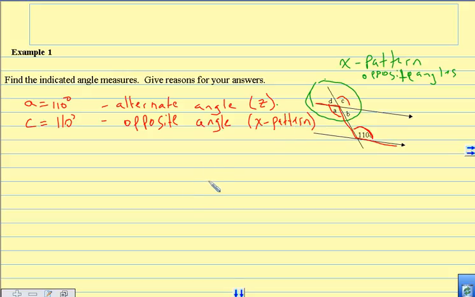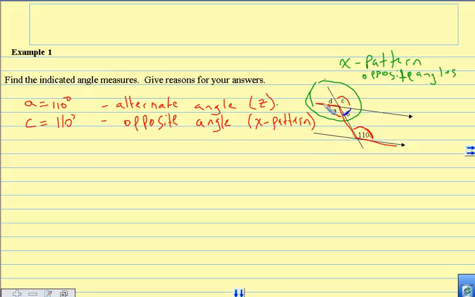Now I can use the supplementary angle theorem to find B, because I know A, so A plus B has to equal 180.